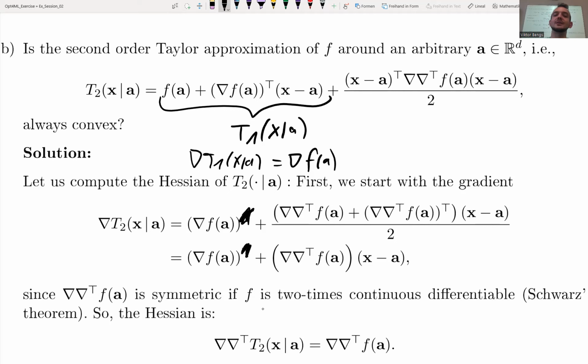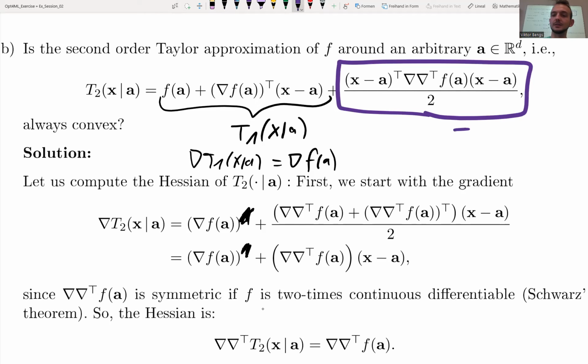We know of the first order Taylor approximation that its gradient is the gradient of f of a, so we only need to care about the gradient of this thing here. Let's call this g of x, and we are now interested in the gradient of g of x.